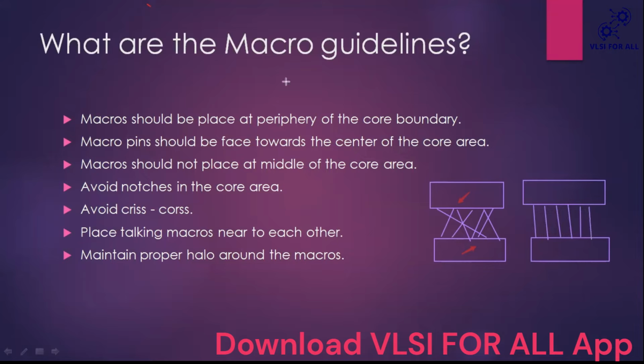Here, this macro's direction is like this, and this macro's direction is opposite to it. Now in this diagram, both macros' pins are in the same direction, so it will avoid using more routing tracks. But this is also something we have to do.